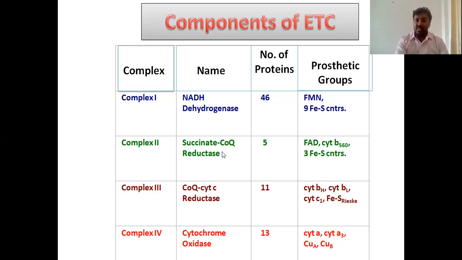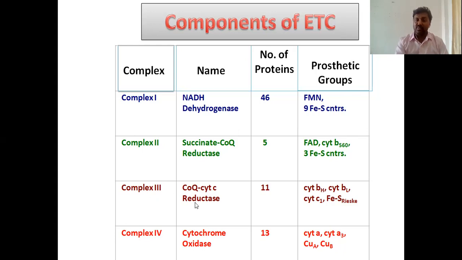Complex 2 is succinate to coenzyme Q reductase, simply succinate dehydrogenase. It contains 5 proteins and mainly involves FAD and iron sulfur.